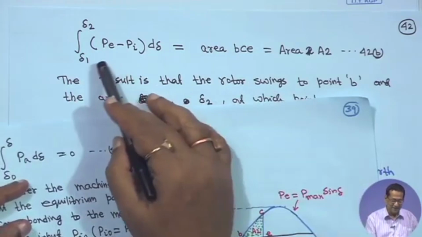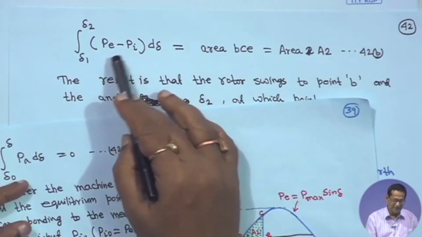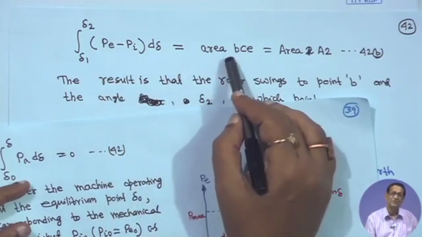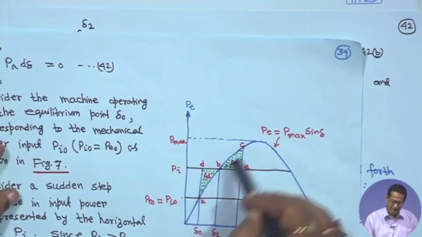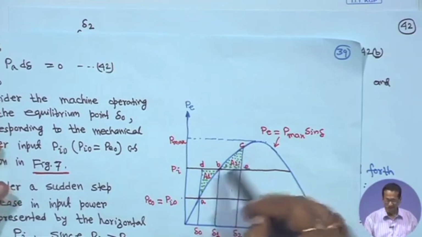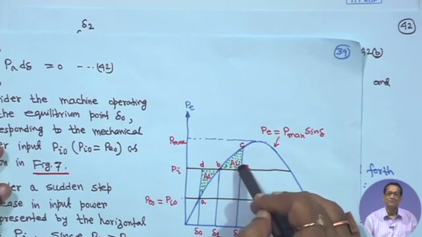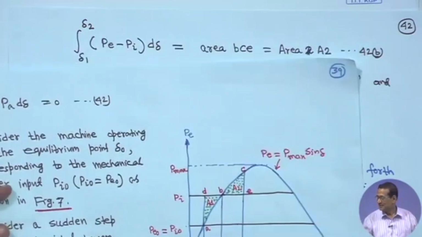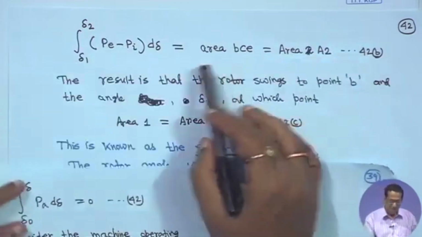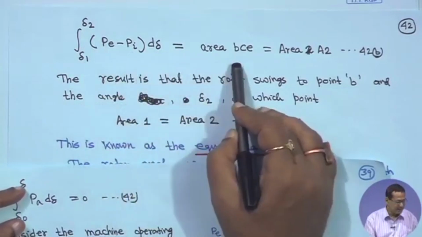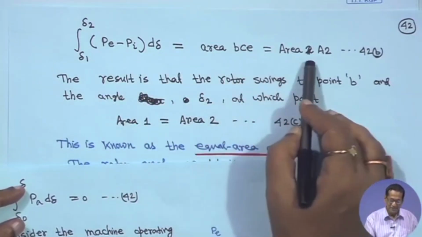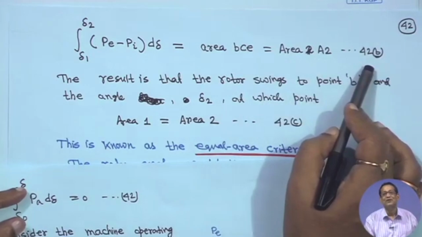But here, directly, if you take P_i minus P_e, decelerating means it becomes negative, while on the accelerating side, where it is storing, it is positive. Here we have written the integral from delta_1 to delta_2 of (P_e minus P_i) d delta, that is area BCE equal to area A_2. This is equation 42b.